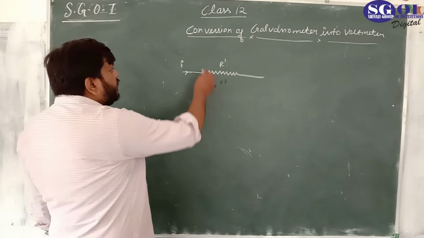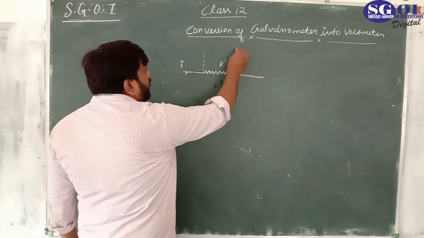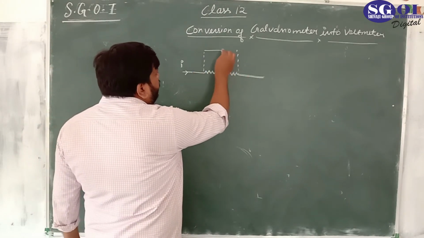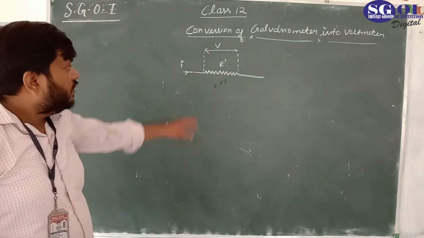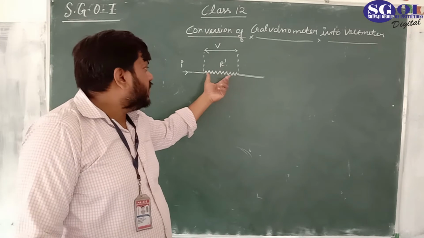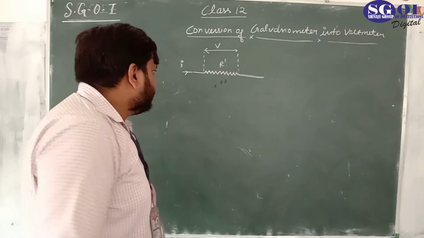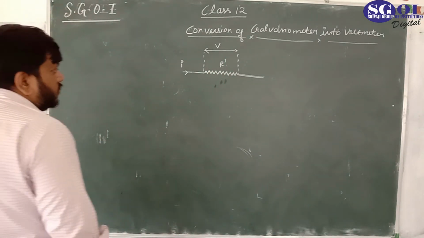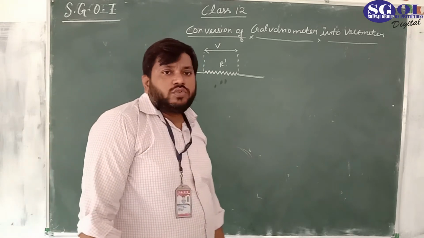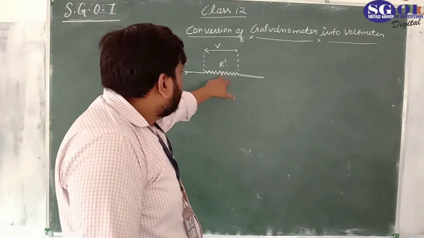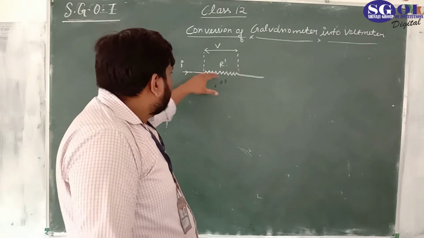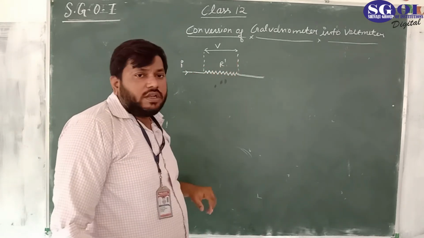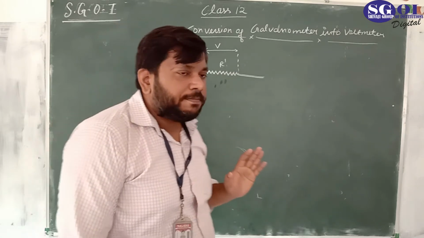So what is the potential difference across this end? We can denote it as V. V is the voltage or potential difference across this resistance R dash. Now we are going to measure the voltage of this particular circuit whose resistance is R dash.